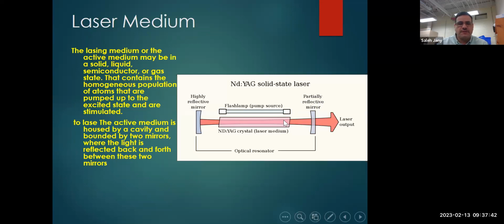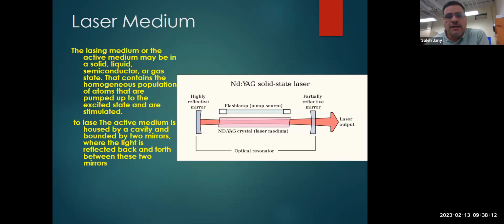I think this is a picture of the resonator. The resonator is the optical resonator where the stimulation happens. There's one laser medium called Nd:YAG. Neodymium is the active medium. YAG, yttrium aluminum garnet, is the host. It just hosts the active medium, and the stimulation is going to be a flash lamp, a very strong power light.